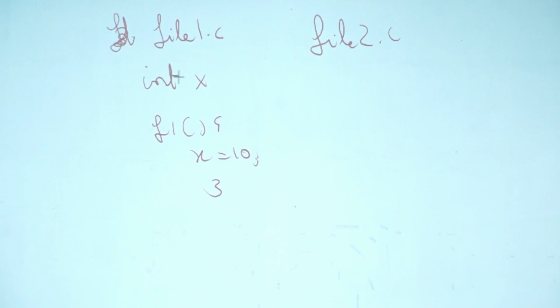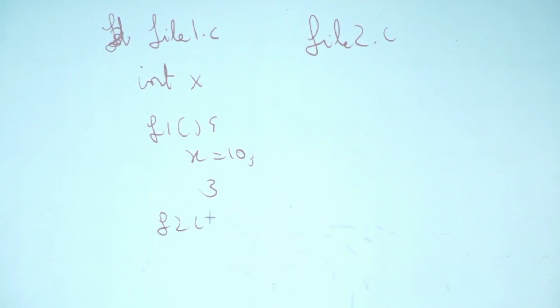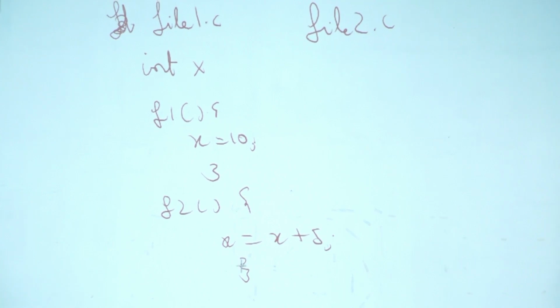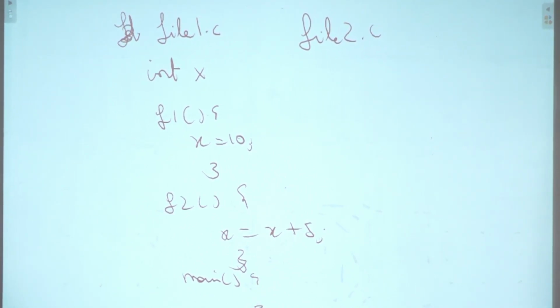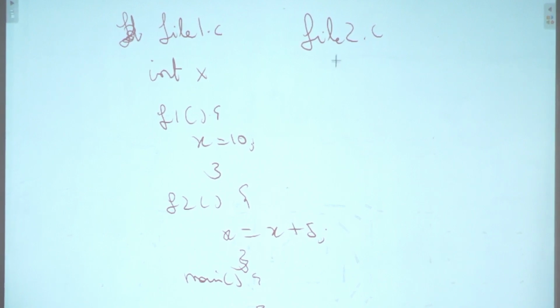So this is a global variable. f2 also is a function which uses x equal to x plus 5. And then I have a main, let's say, which uses f1 and f2. I am not going to get into any usage.